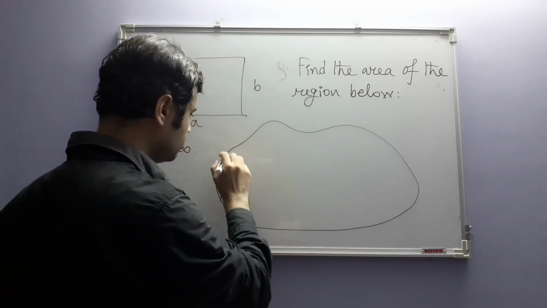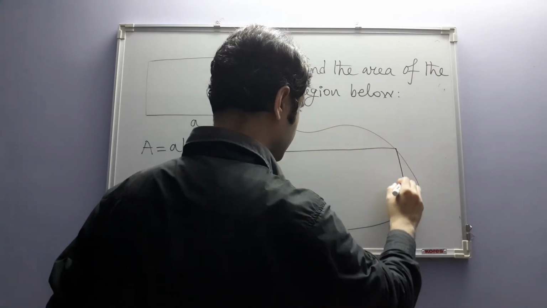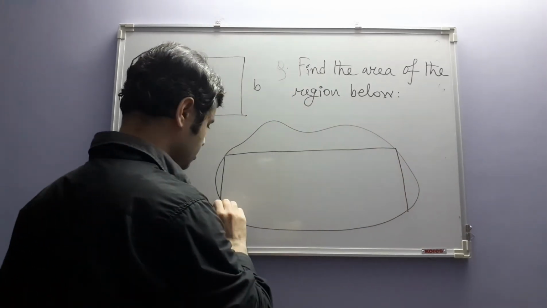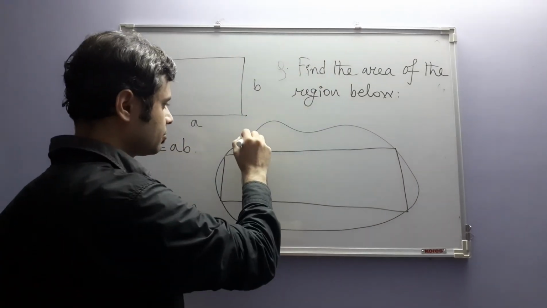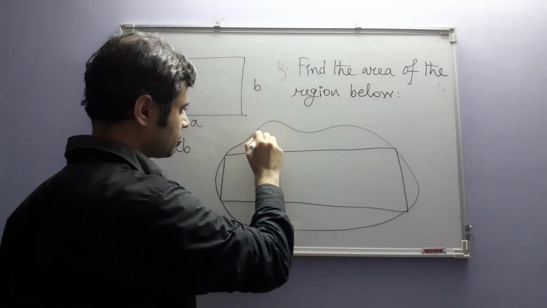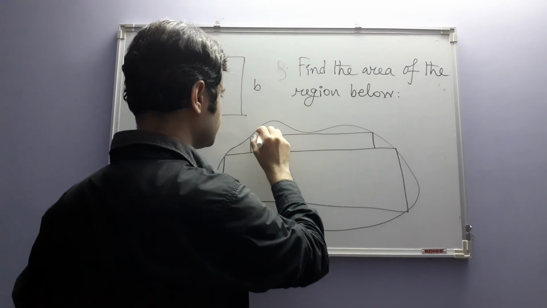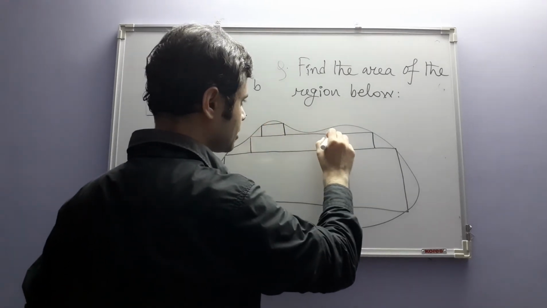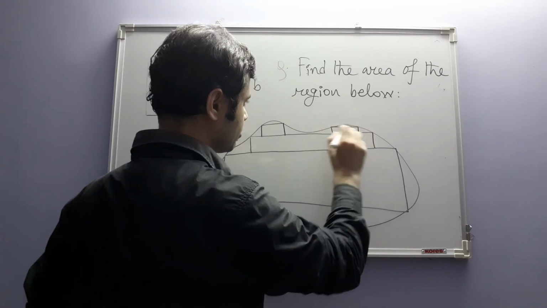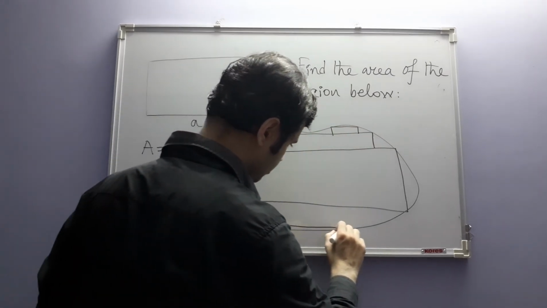We try to approximate this exact area by doing something like this. We cover the inside of this region using rectangles. Using some rectangles, we try to cover the inside of this region.